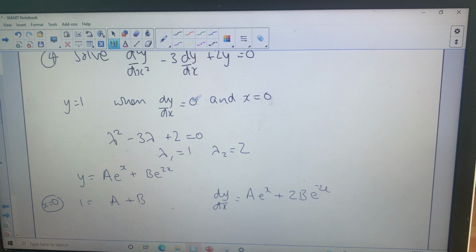And I know that this is 0 when x is 0. Sorry about that. So 0 equals A e to the 0 plus 2B e to the 0. Okay, that's very badly written. That's a 2x, isn't it? So I'm going to rub that out, okay?